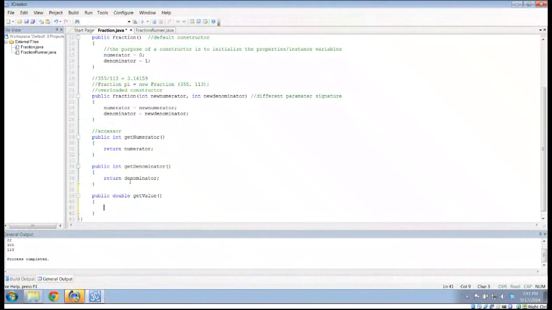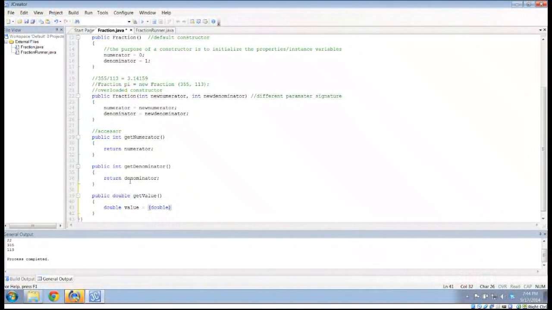And what I'm going to do is calculate the value. So I'm going to go ahead and store it in a variable. So double value equals, and I need to make sure that this is not an int, but a double. So I'm going to need to cast one of these values.